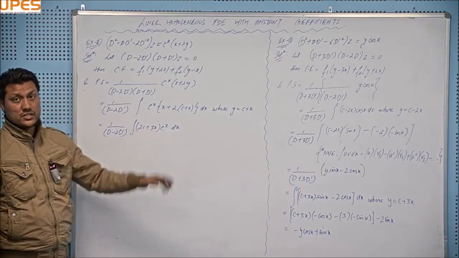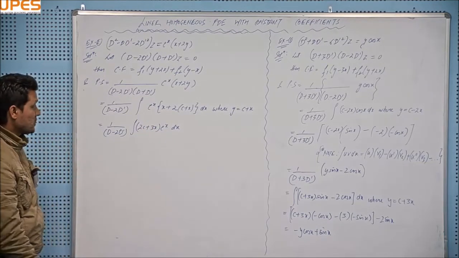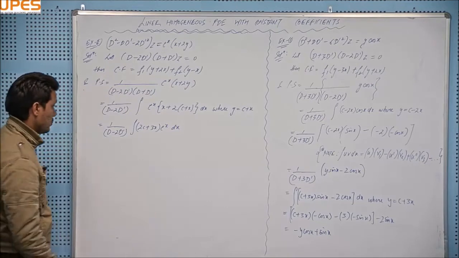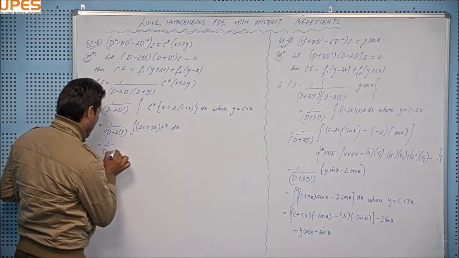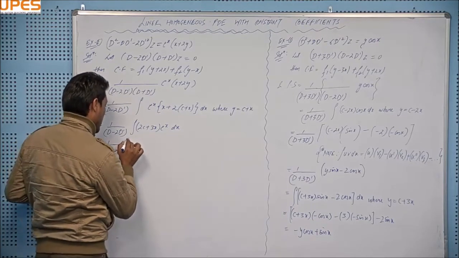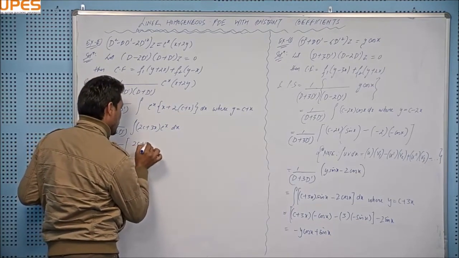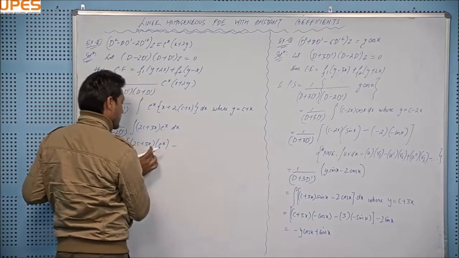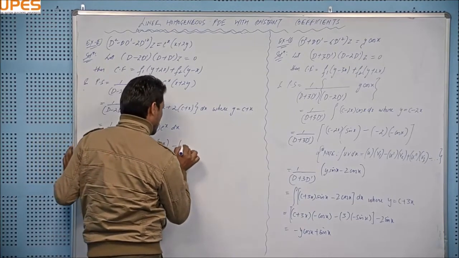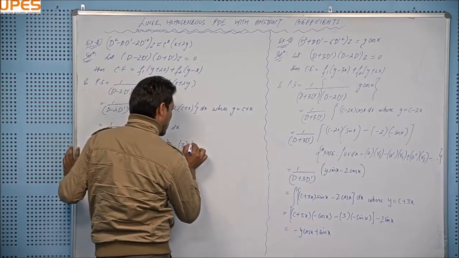Because the exponential function is always taken as the second function inside the integration according to the ILATE rule, and then applying that shortcut formula again, I will have u inside the bracket and the integration of v inside the bracket, then minus the differentiation of this bracket with respect to x, which is 3, and the integration of this bracket, that will again be e to the power x.